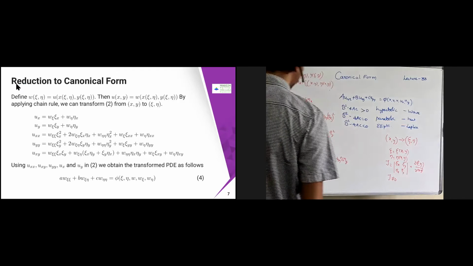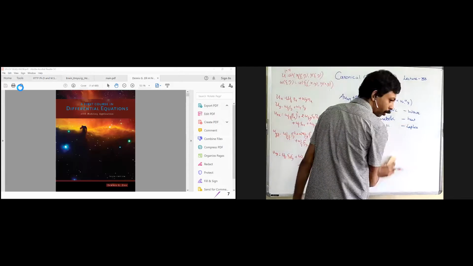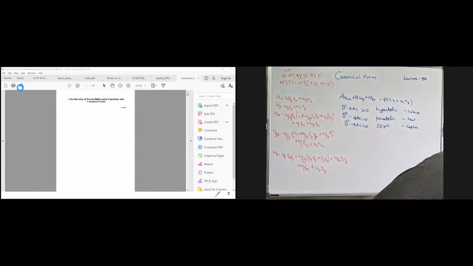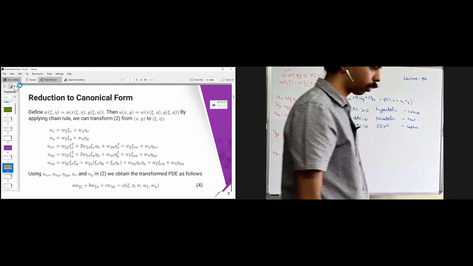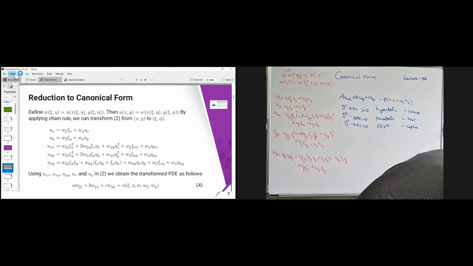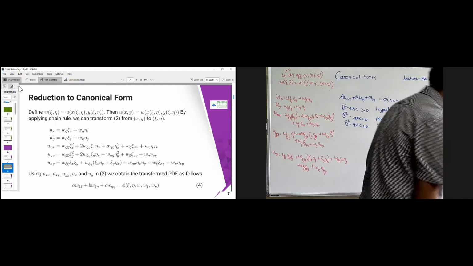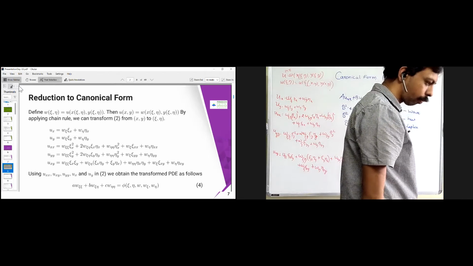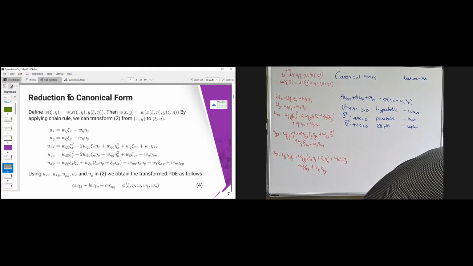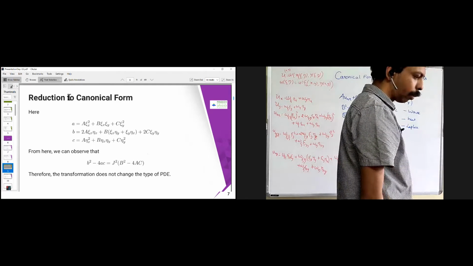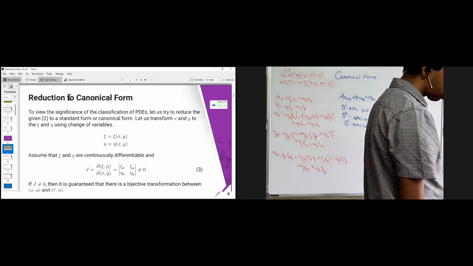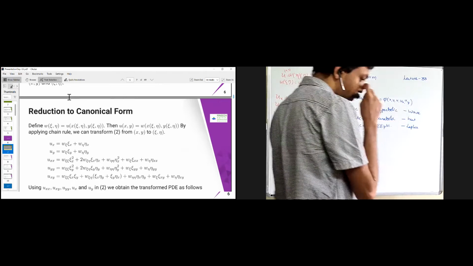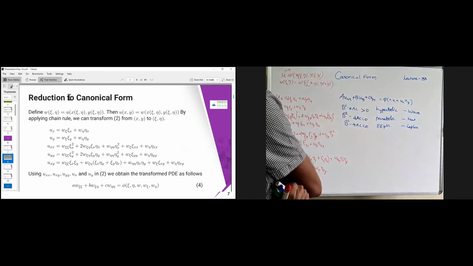Now if I substitute over here, okay, let's just erase this. If I substitute over here, what I'm going to get is, once I substitute, uxx, uy is going to come.